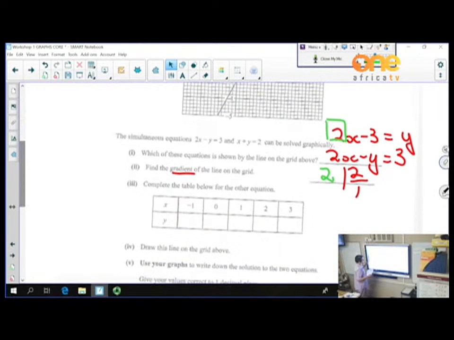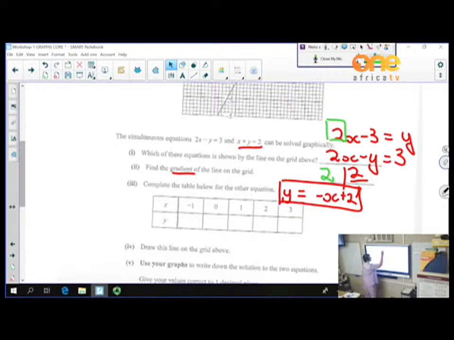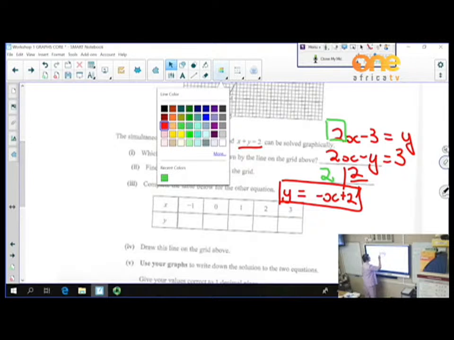Then they say, complete the table below for the other equation. Now the other equation is this one. I'm going to use the standard form one, negative x plus 2. Very easy. Just make sure that you substitute correctly with your signs.